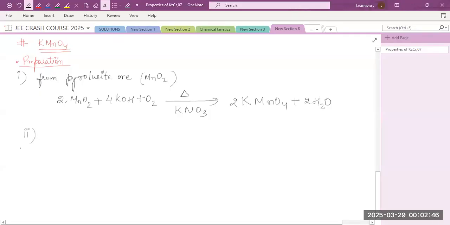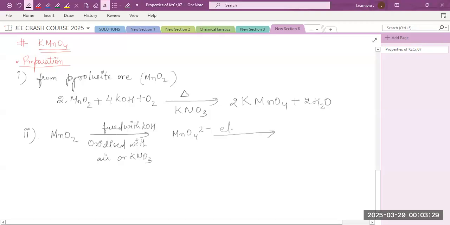And also, commercially, KMnO4 is prepared by alkaline oxidative fusion of MnO2, followed by electrolytic oxidation of manganate. When you fuse MnO2 with potassium hydroxide and oxidize it with air or KNO3, you will get MnO4 2 minus, the manganate ion.